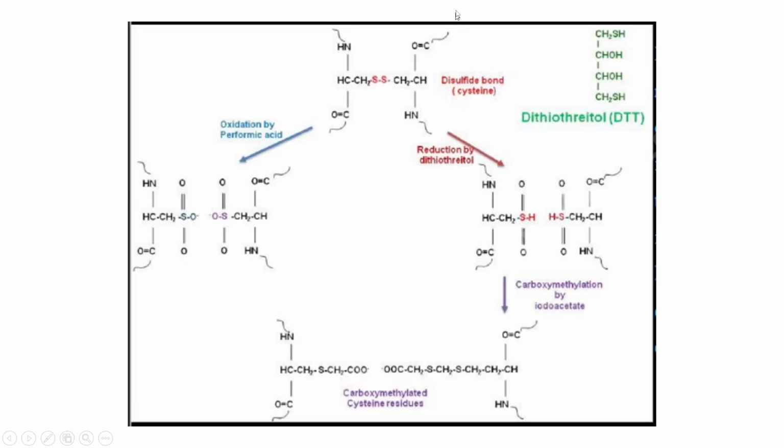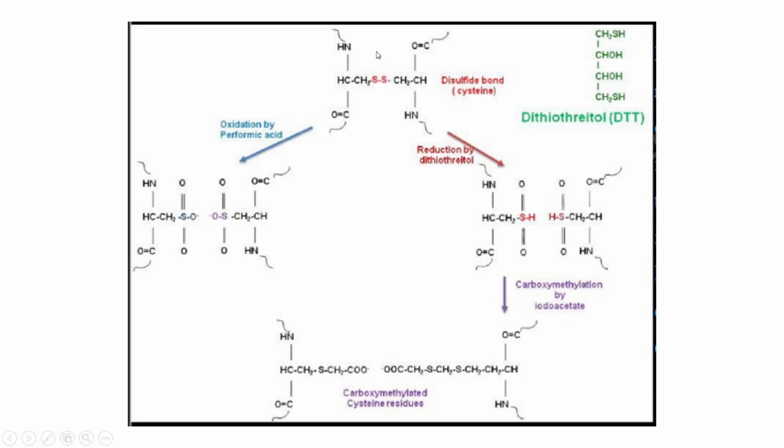What DTT does is, this is an example where the cysteine residues have formed a disulfide bond. If you remember, the side chain of cysteine has an SH group. Two cysteine residues can form a disulfide bond where these two SH groups come close and make a disulfide bond, that is sulfur bonded to another sulfur.